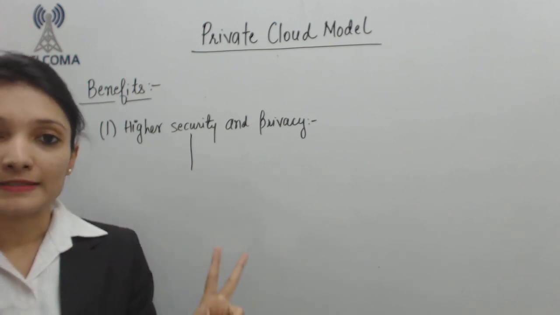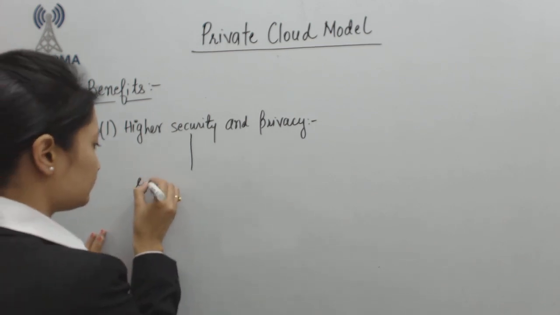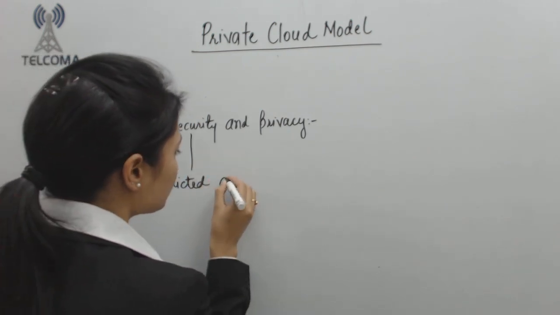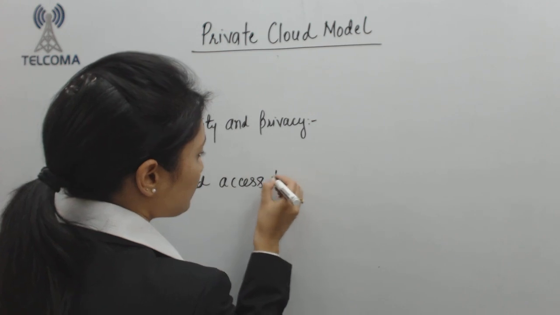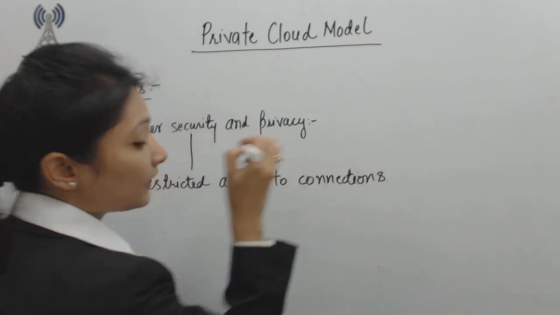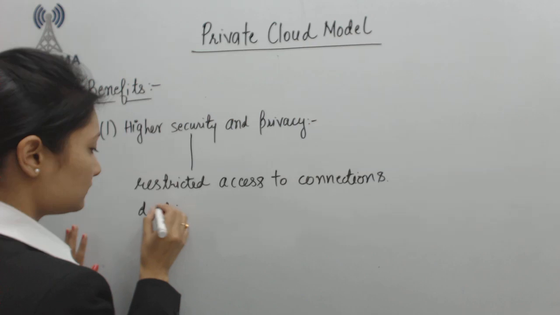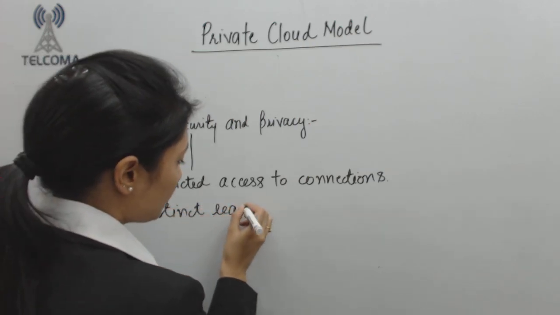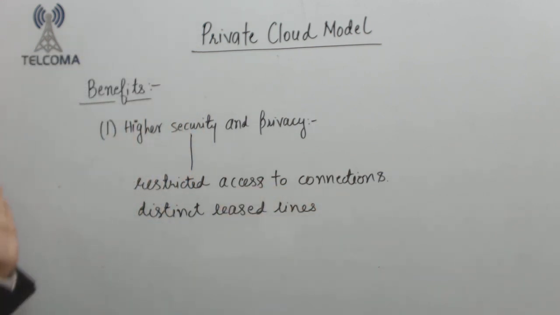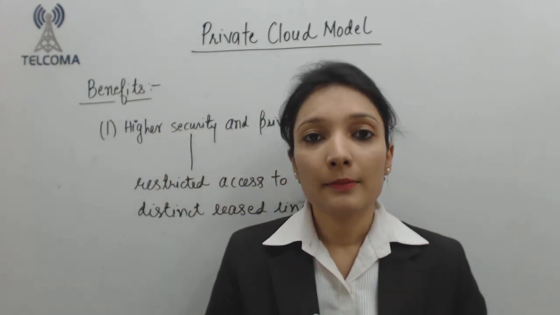It has restricted access to various connections, and it will have a distinct leased line. All these factors ensure higher privacy and security for the private cloud.